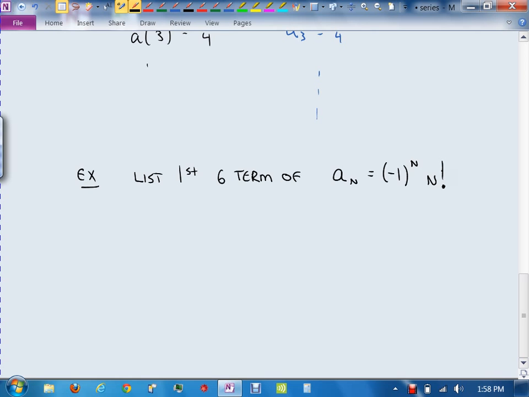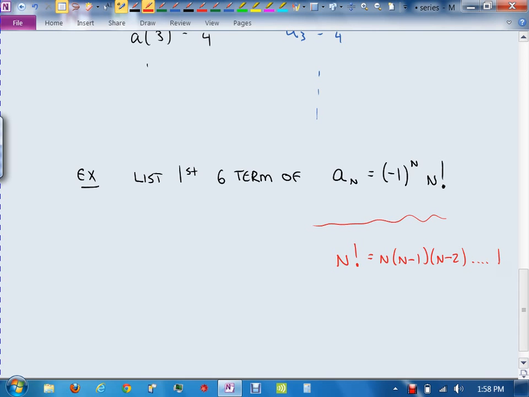Anyone know? Anyone know what we call that? What is it? Anyone ever seen it? Factorial. So I'm going to do this in red because this is a little side note, okay? N factorial means n times n minus 1 times n minus 2 all the way down until you get to 1.